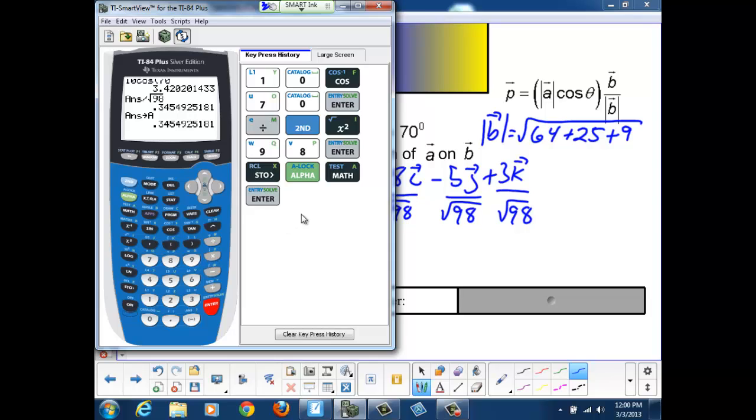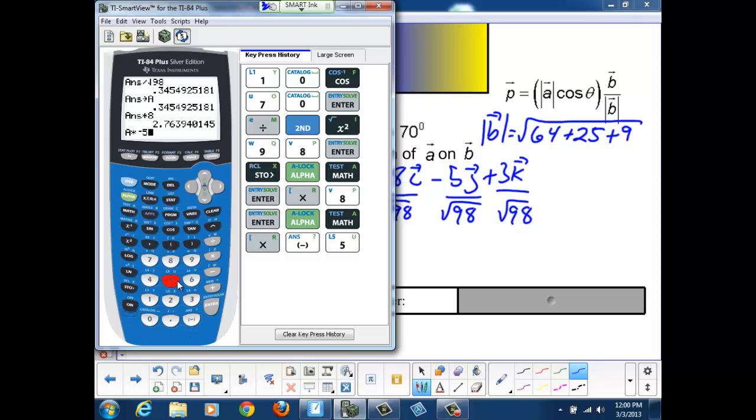And I'm going to multiply that by 8 to get my i component. So my i component is 2.764. I'm then going to multiply that number that we calculated by -5 to get my j component. And I'm going to multiply by 3 to get my k component.